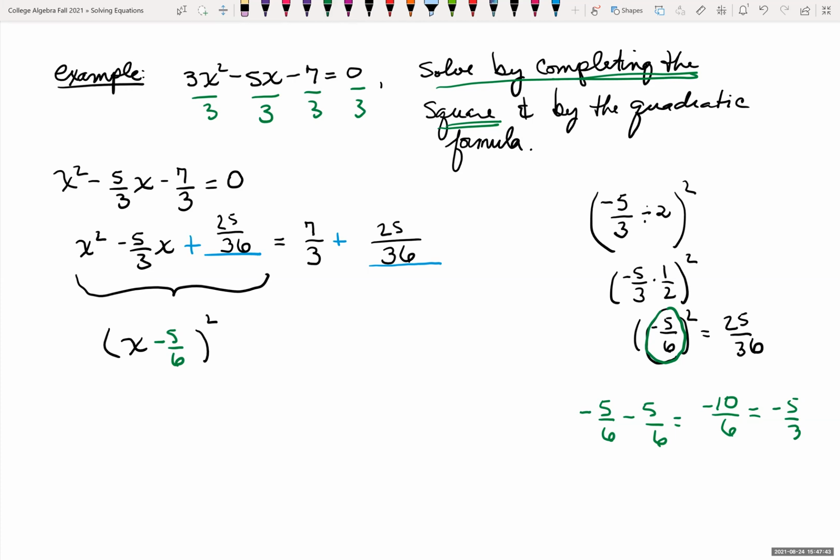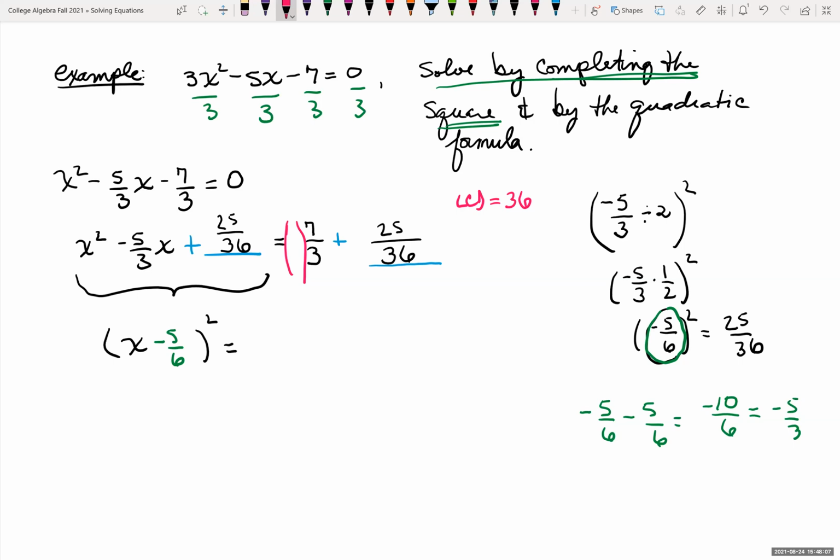So this is equal to, well, we need to be able to add fractions together. So figure out what the least common denominator, our LCD, of 36 and 3 is: it's 36. So we need to multiply 7/3 by a fancy 1 to get 36 in that denominator.